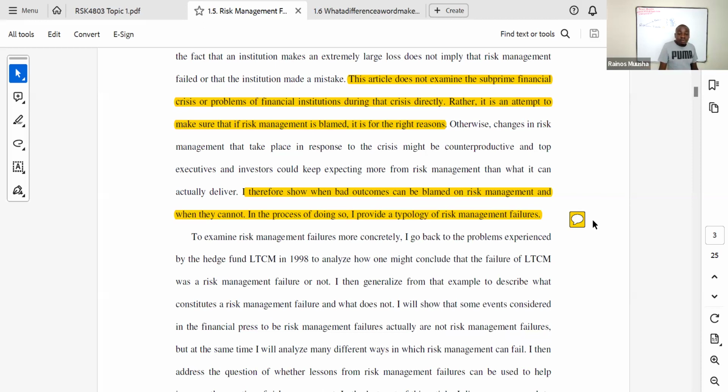So is this failure because of what has happened in the economy or in the market as a whole? Or is it because there was a lack of risk management? There was a risk management failure in that case. So that's basically what this article is trying to address.